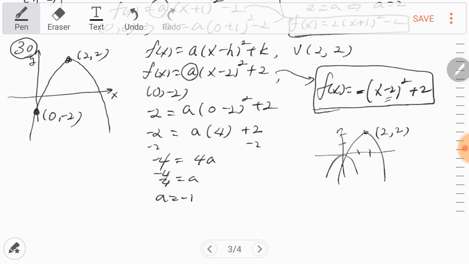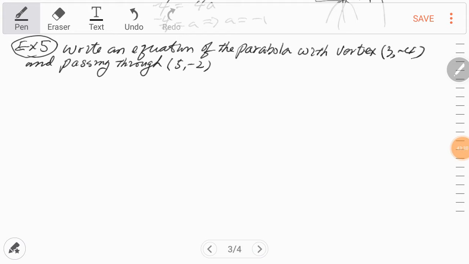Okay, in this example, the vertex and 1 point are given. So write an equation of the parabola that passes through the vertex and this point. This point is not the y-intercept or x-intercept, just 1 point on the graph. Since the vertex is given, we have to use the vertex form.